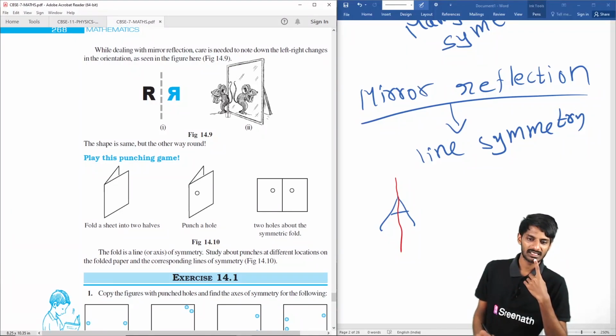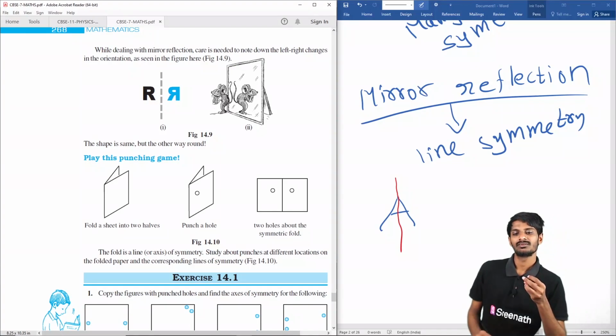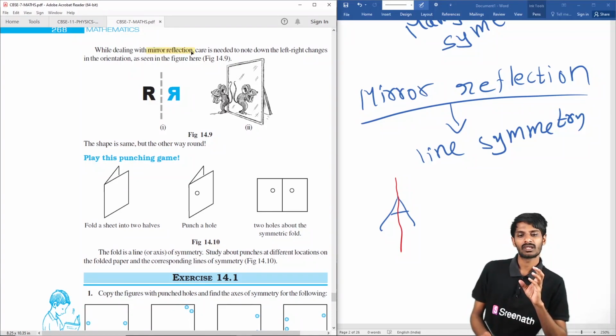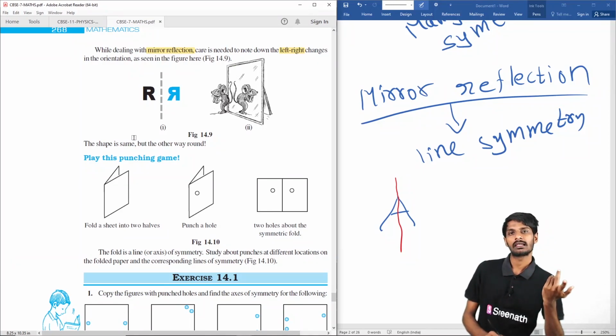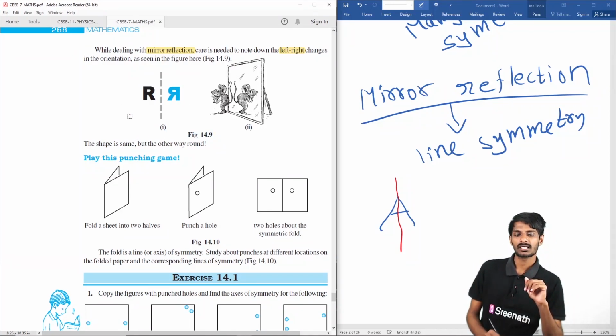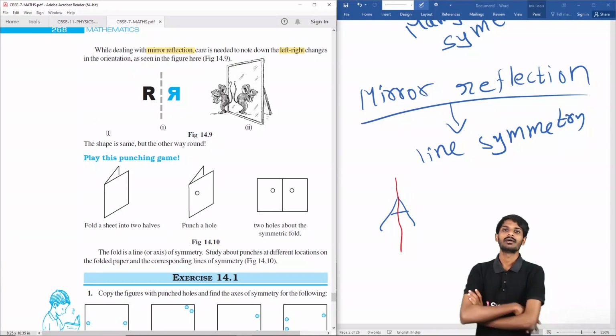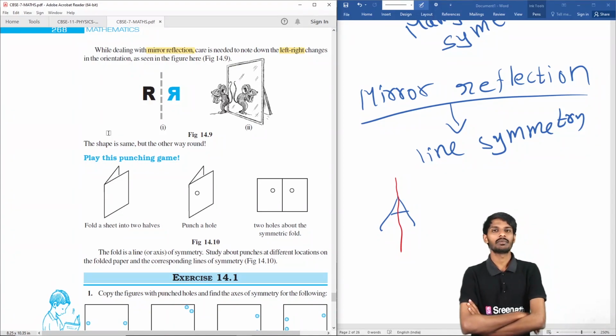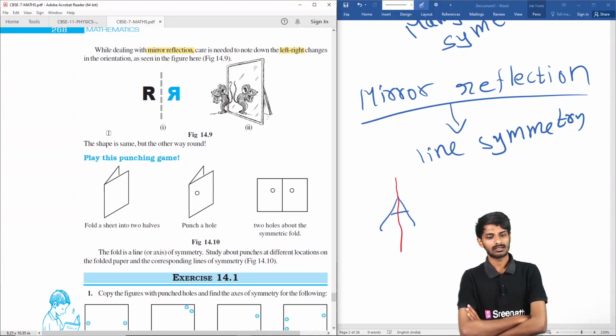In mirror reflection, left-right changes will occur, and top-down changes sometimes occur. If you place the mirror along this line, you will see left-right changes. If you place it along the horizontal, top-down changes will occur. That is the concept: where you place the mirror.